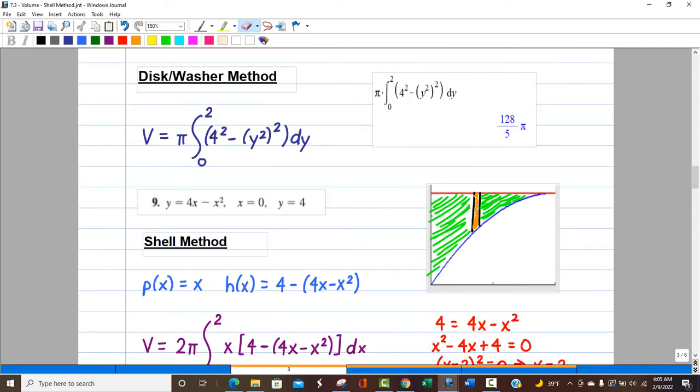But here, it's the difference between these two curves. That's what h of x would represent. That would be the height at all times here. So it would be actually the outer line, minus the curve, 4x minus x squared. And then it's 0 to 2 on the x-axis.